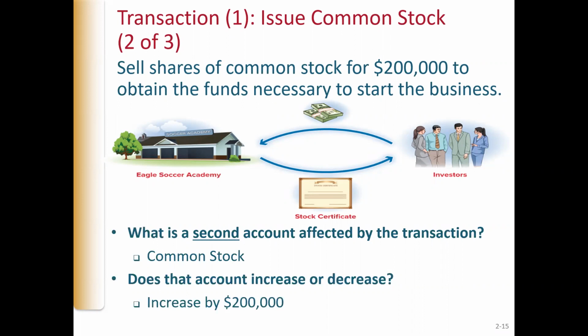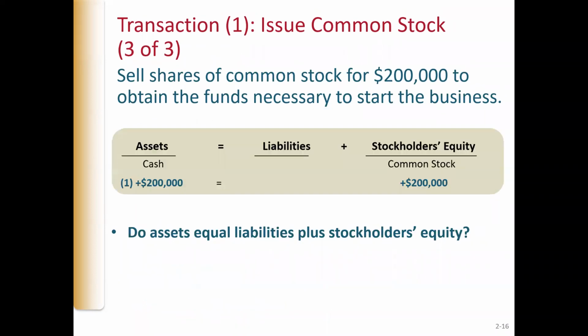So we have a transaction, we've processed it. What we're going to do is analyze the two accounts. How does it affect the accounting equation?